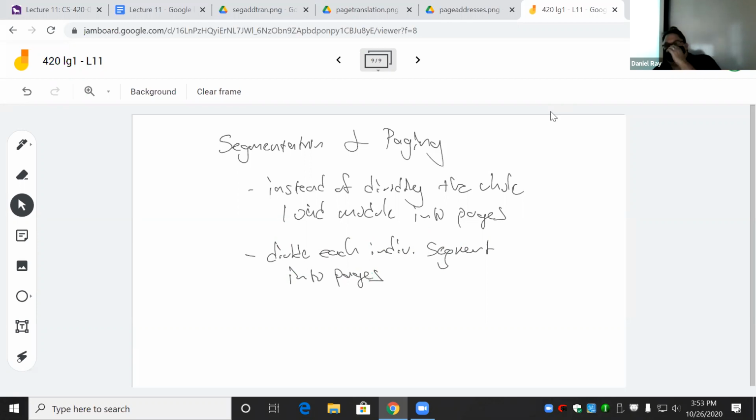It's like pushing this notion of paging one layer down, so that we're not paging over the whole load module, we're paging over variable sized components of the load module. And those variable sized components will be broken up according to the components that we want to keep together in memory.